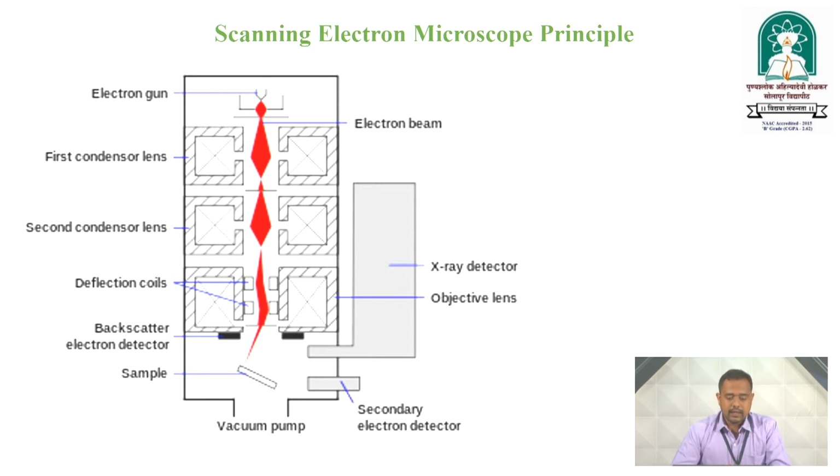Thereafter, at the last stage, after the sample interaction, there are a few detectors: the backscattered electron detector and the secondary electron detector. At the right hand side, we can see the X-ray detector and the objective lens. These lenses and detectors collect the electrons that are gained after the sample interaction.